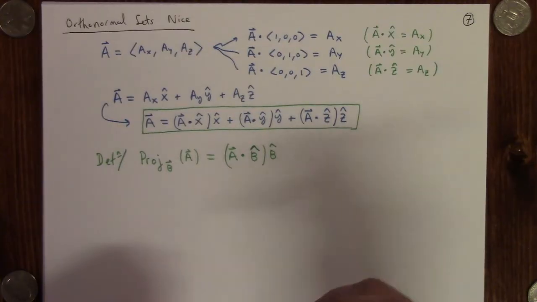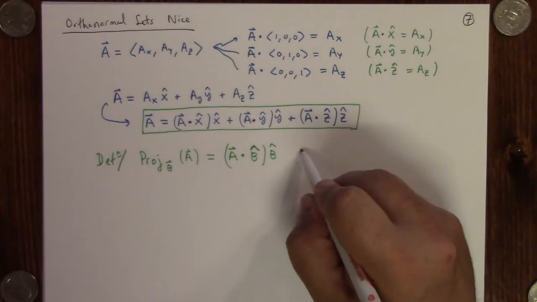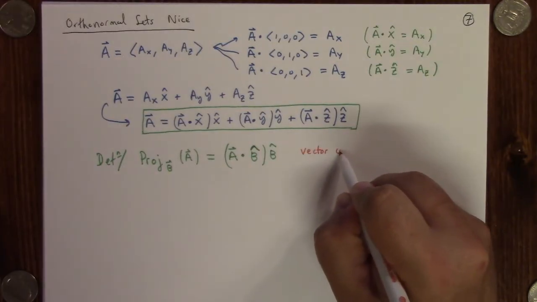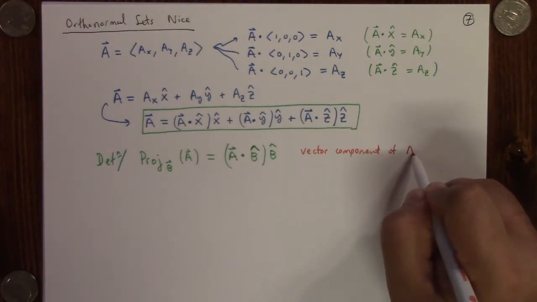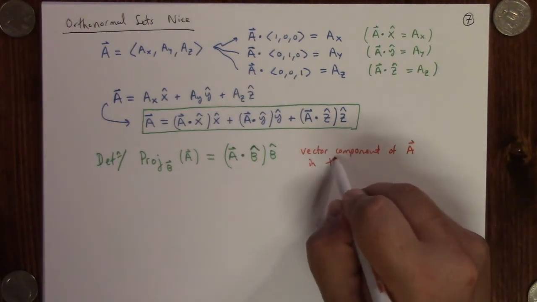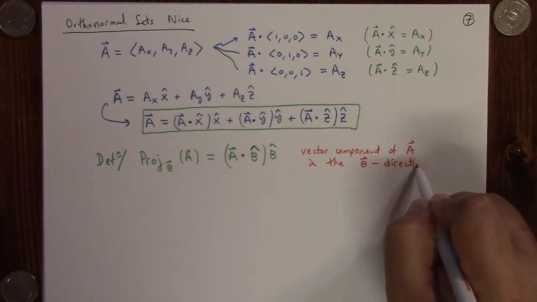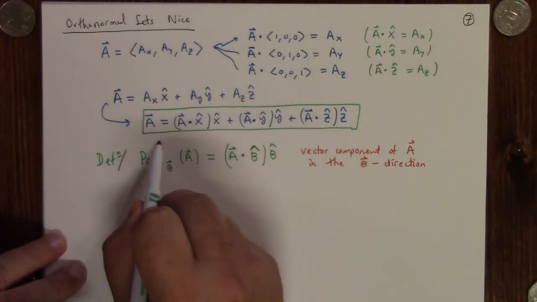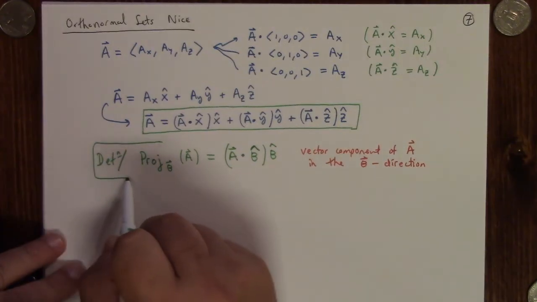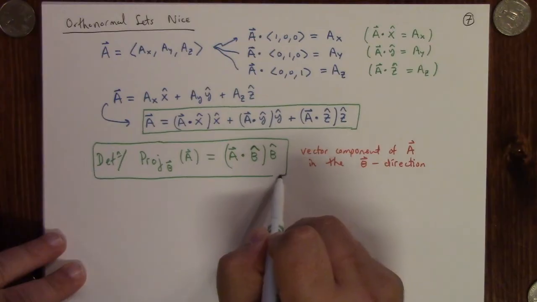In words, this gives us the vector component of A in the b direction. We will find that this concept is geometrically useful when we're challenged to find a part of a vector in the direction of another vector. This is a nice idea to know.